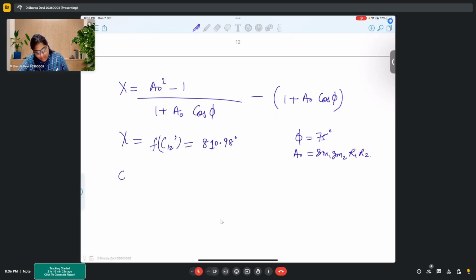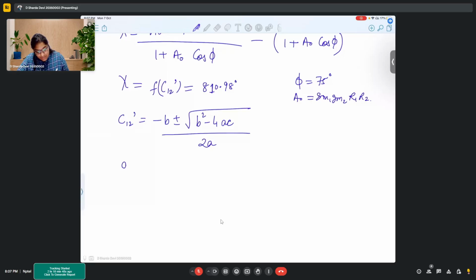And since it is a quadratic equation, C12 dash should be the solution of the quadratic equation, correct? So that is minus b plus minus root under b square minus 4ac by 2a.